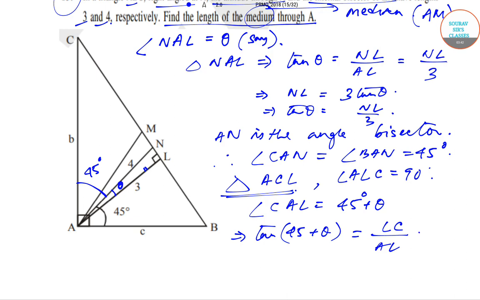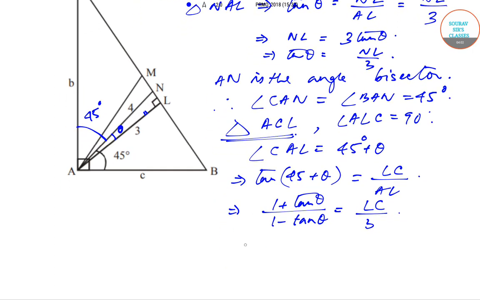Tan of 45 plus theta is basically 1 plus tan theta by 1 minus tan theta, and this equals LC, which we have to find out, by AL, and we know that AL is equal to 3. That implies that LC will be equal to 3 into 1 plus tan theta by 1 minus tan theta.